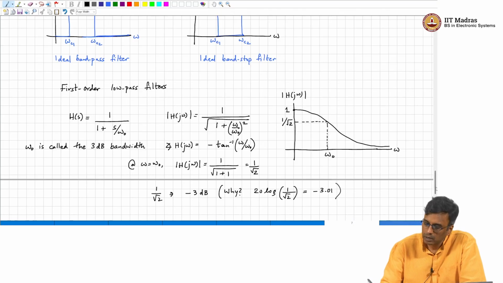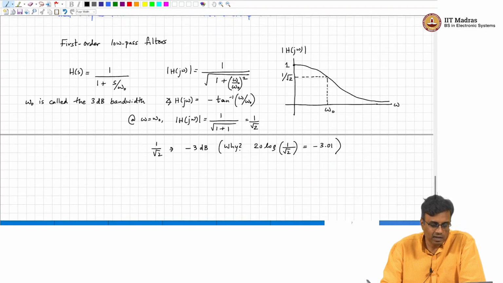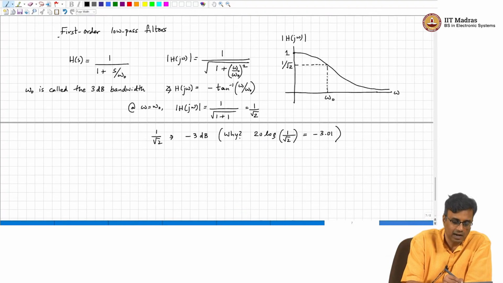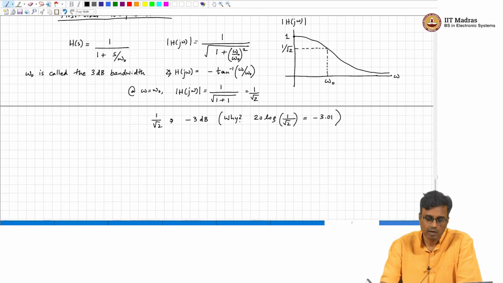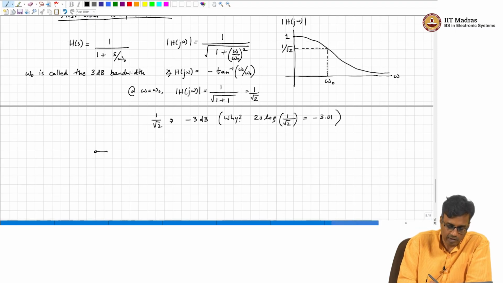Now, what is the easiest way of realizing this transfer function? Well, we've all seen this before.